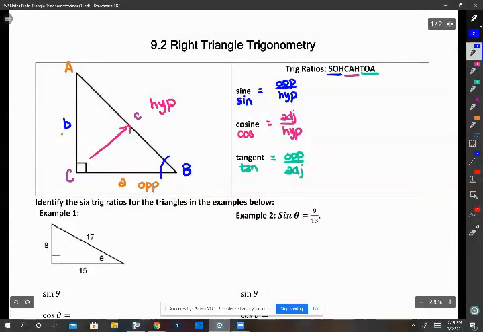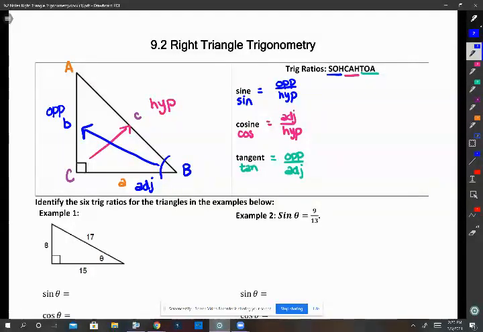So if this is angle B, across from angle B is opposite, which makes the other side be adjacent. And it's just going to be dependent on what angle it tells you to use. And whether that is an A, B, or C, or whether it's like M, N, and P, it doesn't matter.